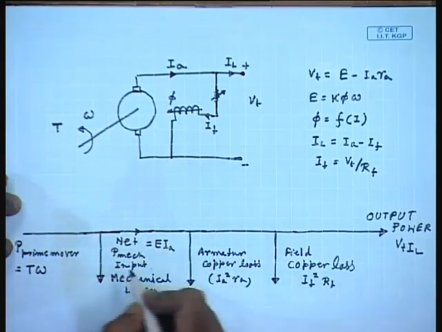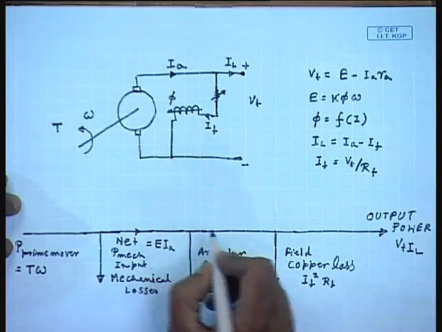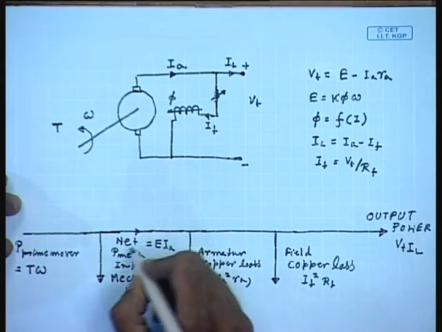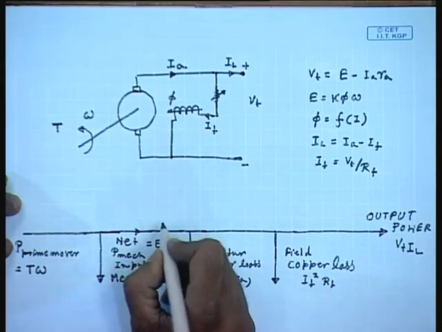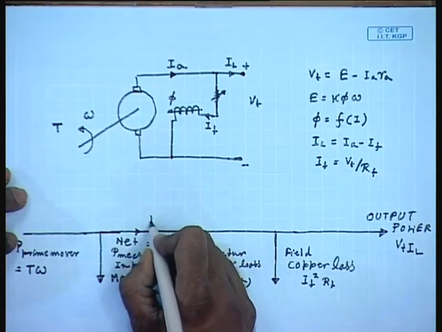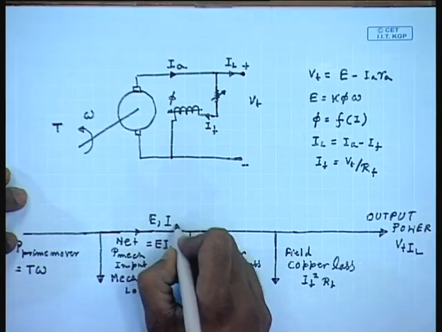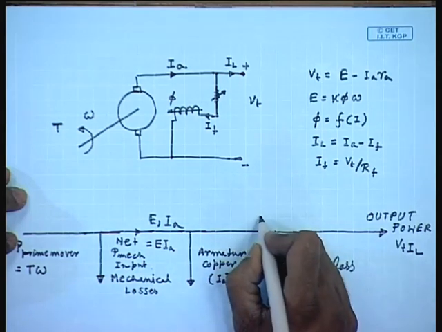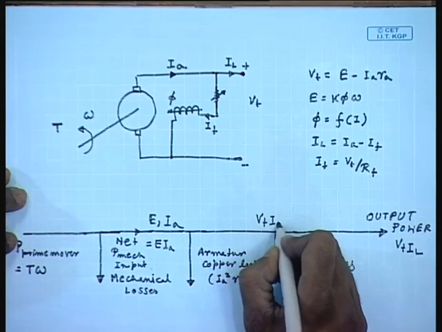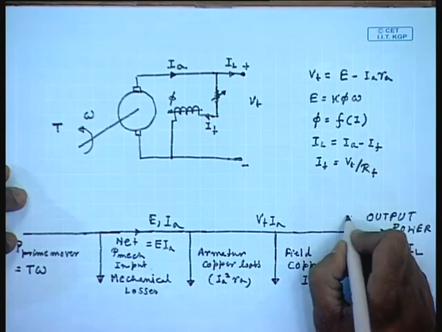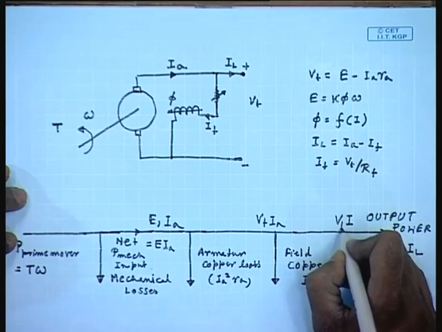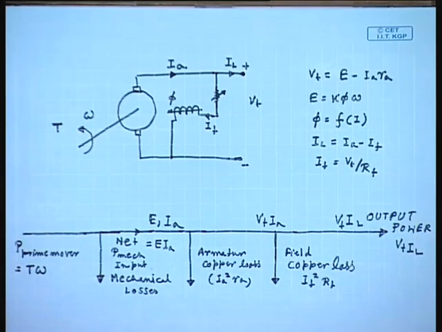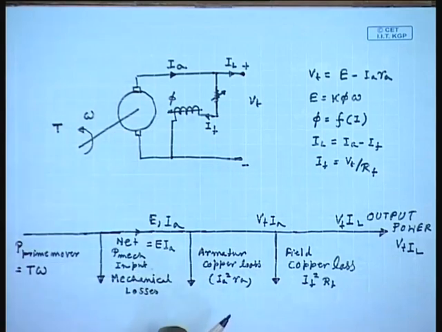So, the power here is E Ia, here the voltage is Vt Ia, and here the voltage and current is Vt IL. So, this is how the power flow picture will look like when this is operating as a generator.